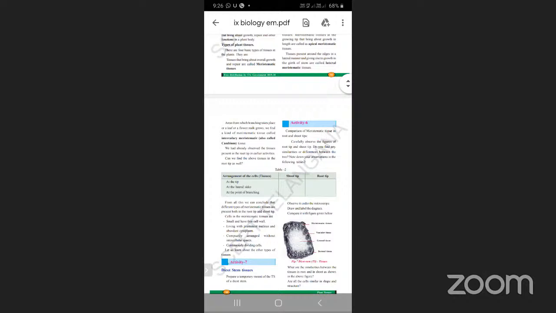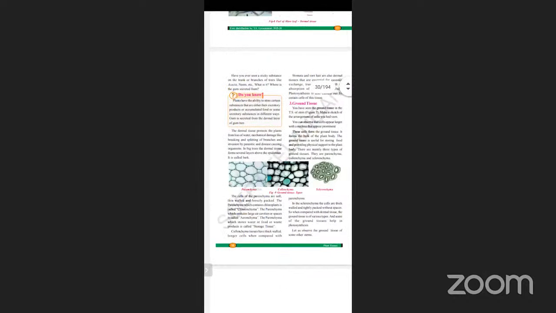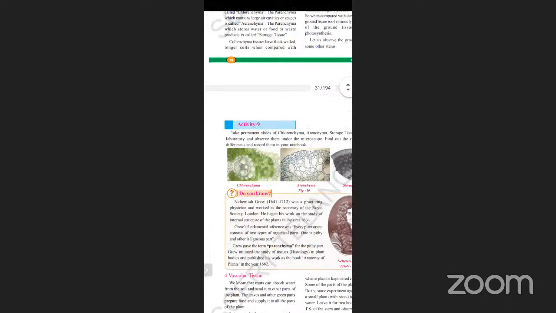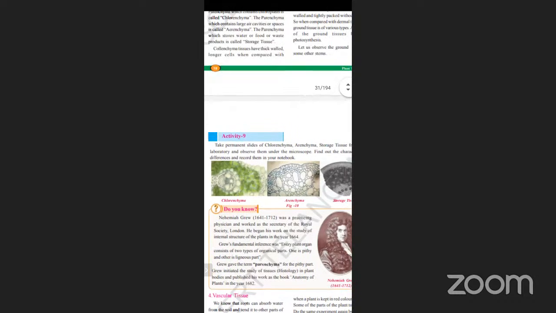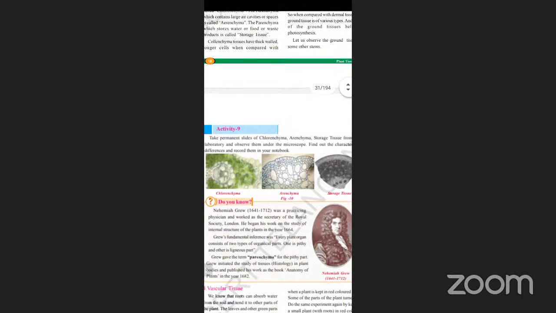Here we have discussed chlorenchyma, aerenchyma, storage tissue. These are the three.